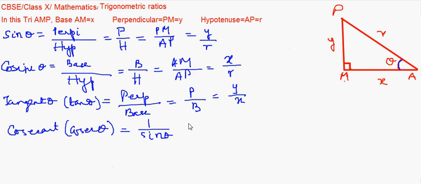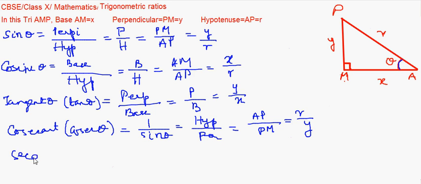So it is just the opposite: hypotenuse by perpendicular, AP by PM, which is R by Y. The opposite of cos becomes secant theta, sec theta, which is 1 by cos theta.